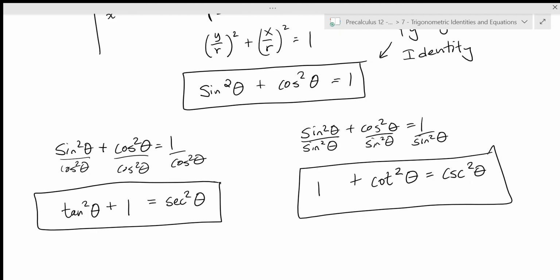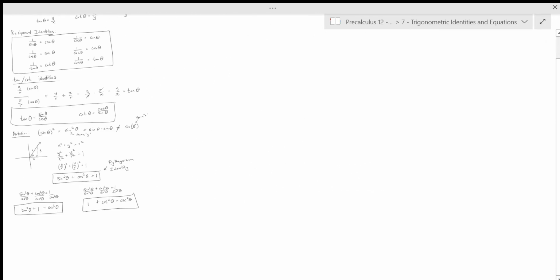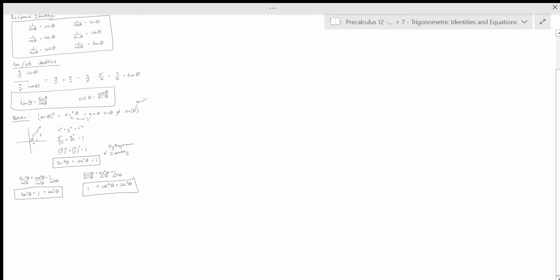Okay, so awesome identities. So what can we do? Let's take a big look back. We've got our reciprocal identities, our tan and cotan identities, and our Pythagorean identity.